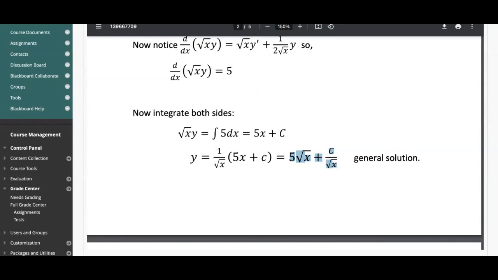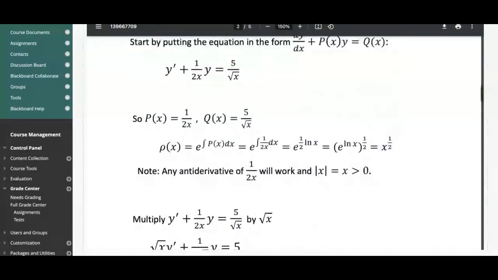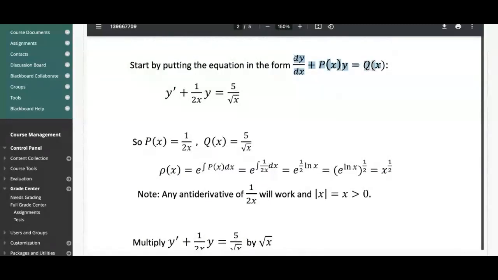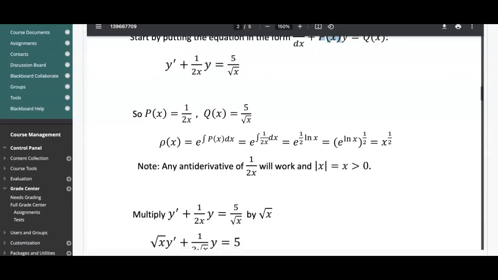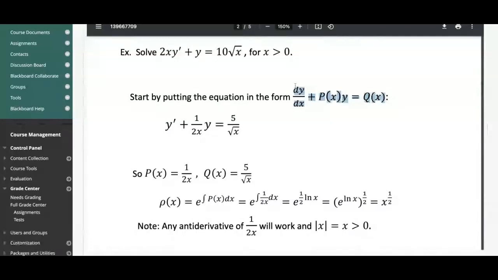Basically 3 steps. First step, put it in the right form so we can identify P of x and Q of x. Then once we identify our P of x, we want to calculate the integrating factor, e to the power of the integral of P of x. Then we multiply every term, well, 3 terms, with the calculated integrating factor.